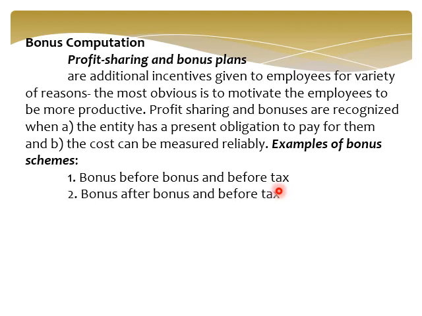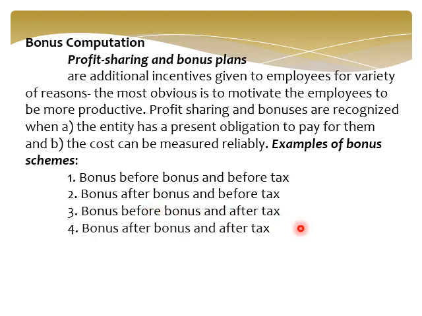Number 2, bonus after bonus and before tax, expressed as a certain percent of income after bonus but before tax. Number 3, bonus before bonus and after tax, a certain percent of income before bonus and after tax. And number 4, bonus is based on income after bonus and after tax.